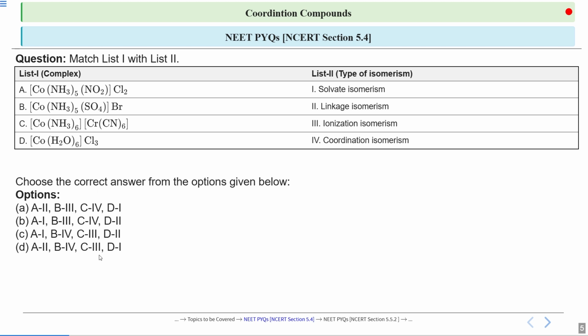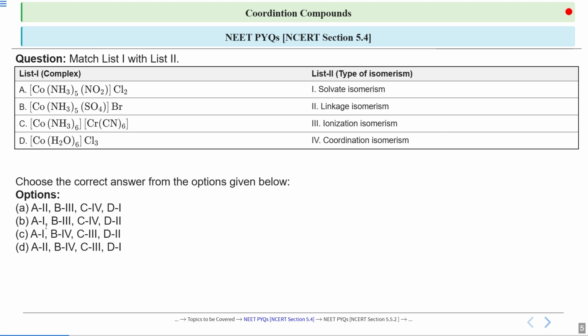We have been given the options. Basically, you have to match list 1, that is the complex, with list 2, that is the type of isomerism the complex is exhibiting. Options are: A with second, B with fourth, C with third, D with first. Or A with first, B with third, C with fourth, D with second.